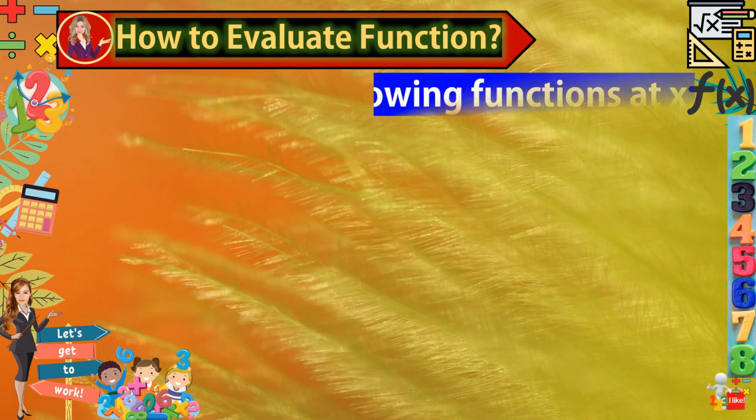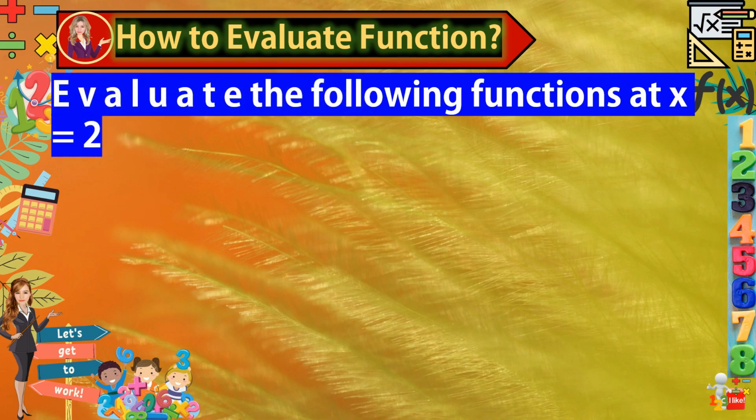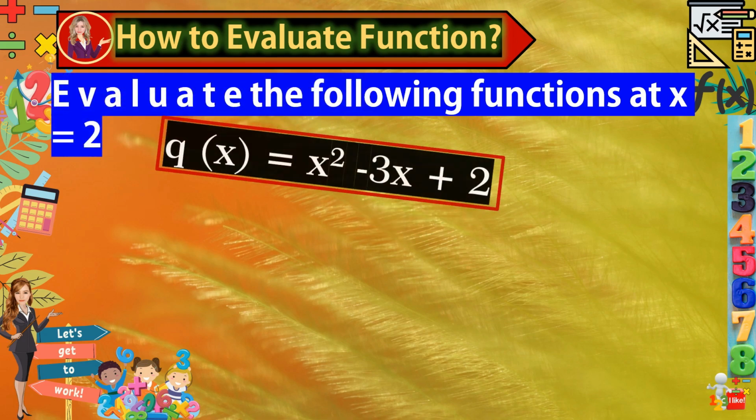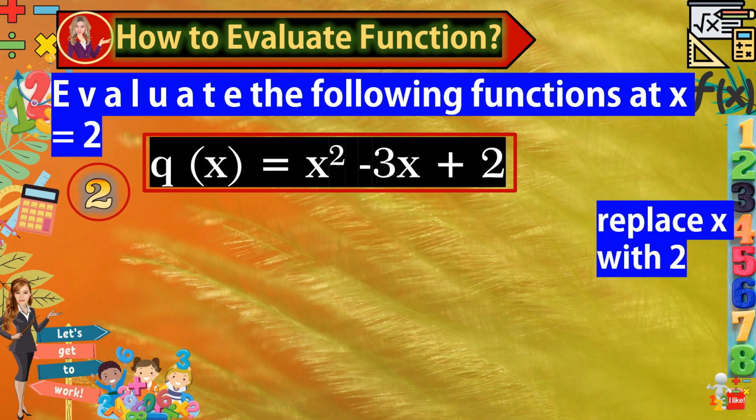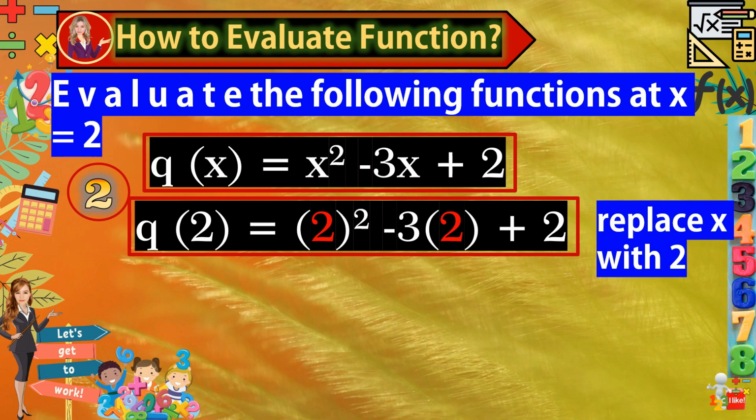Another example. Evaluate the following function at x is equal to 2. Copy first the given. q of x is equal to x squared minus 3x plus 2. q of 2 is equal to 2 squared minus 3 times 2 plus 2.